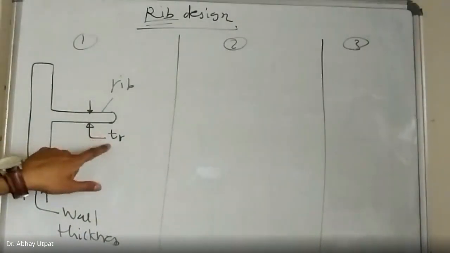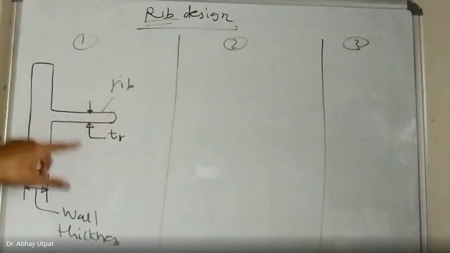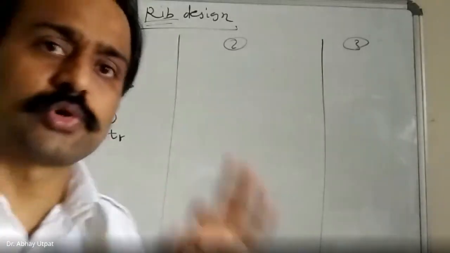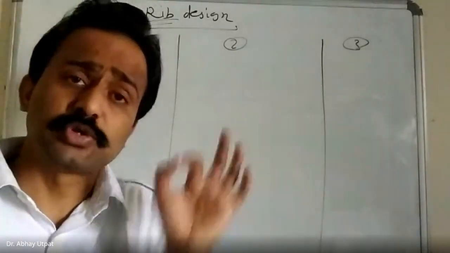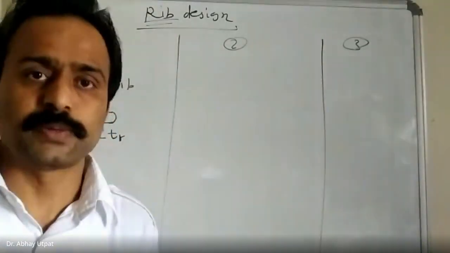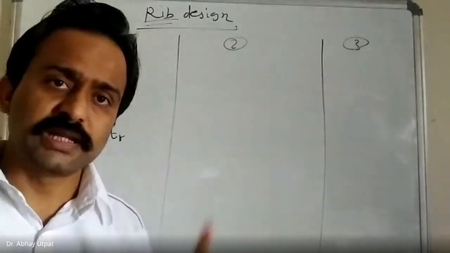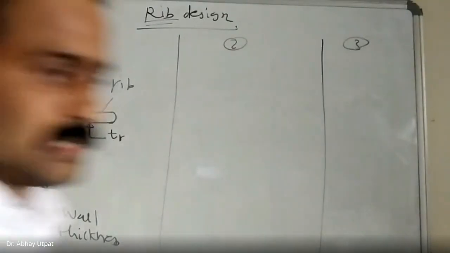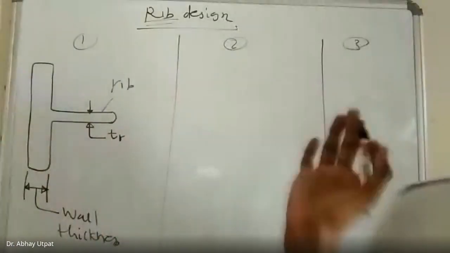So thickness of rib is around 60 to 80% of wall thickness. Means if wall thickness is 1 mm, rib thickness should be 0.6 mm to 0.8 mm. This is the first guideline for rib design.